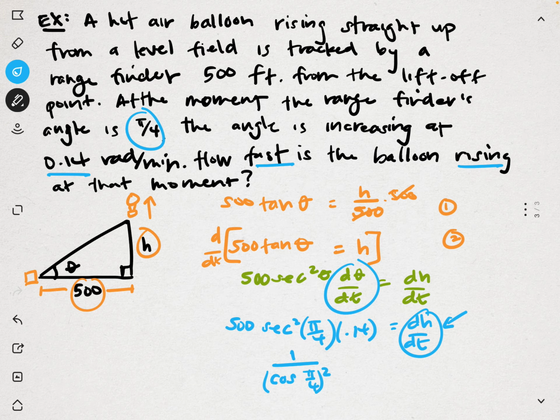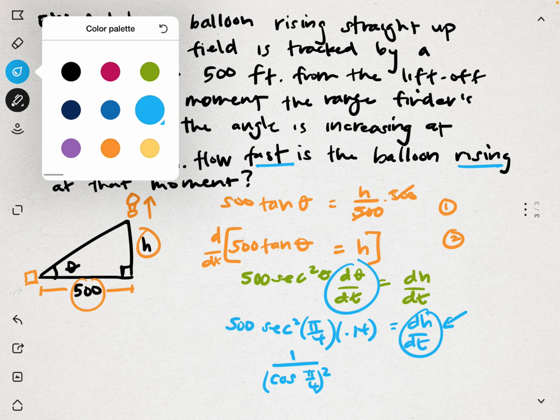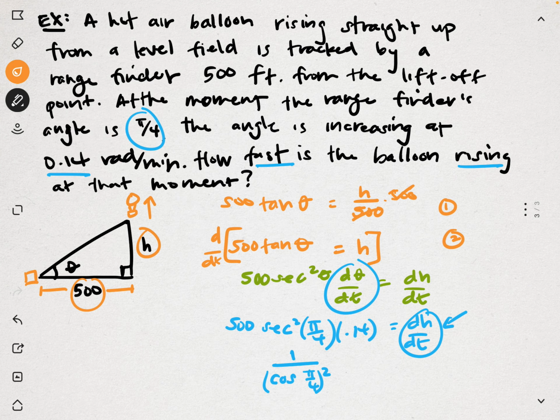So it's 2, kind of running out of room here. But what we have is 500 secant squared pi over 4, which is 2, times 0.14, and that should give us our change in height with respect to time.